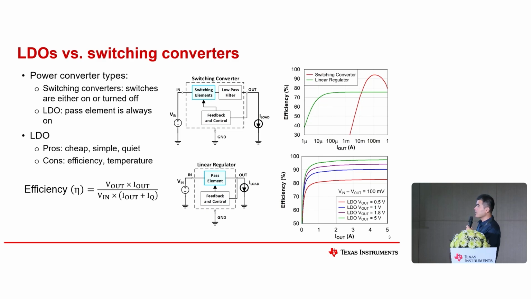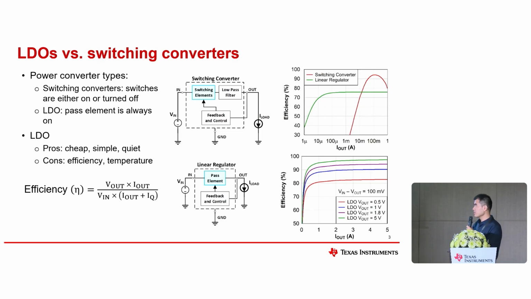The switching element will generate the square waveform, so we need a low pass filter to control the output voltage. In the switching converter, the switch works either fully on or off. But for the LDO, the internal switch is a passing element, and the switch is always on.